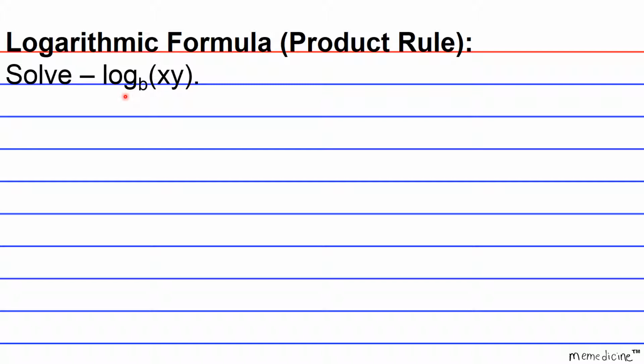Before mentioning the general formula for the log base b of x times y, we first need to understand the general format for an exponential function, because exponential functions are the basics for all logarithmic formulas.